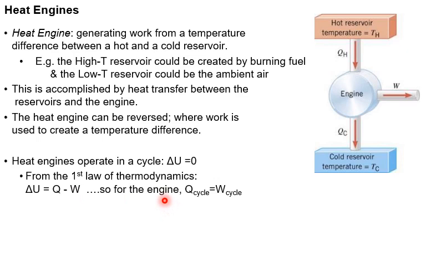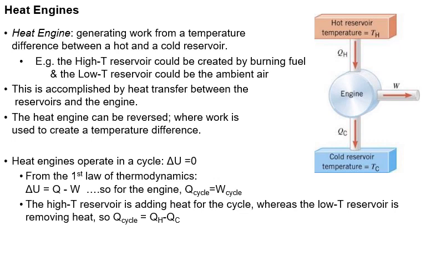So for the engine and for all cycles, the heat added to the system over the course of the cycle is equal to the work done by the system over the course of the cycle. Okay, your high temperature reservoir is adding heat to the cycle, where the low temperature reservoir is removing heat.